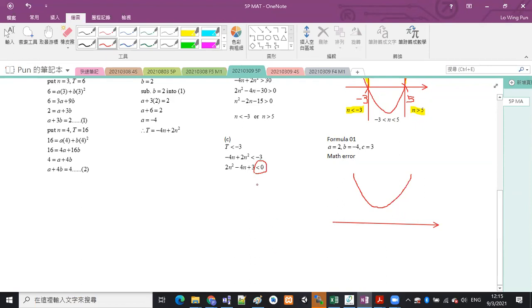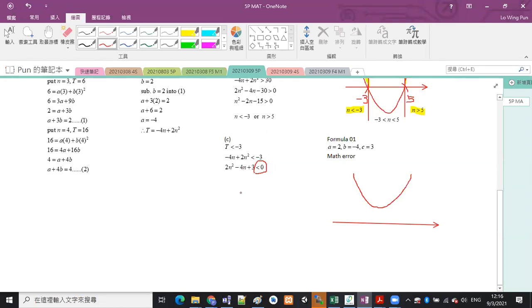So we can't find any solution of n that will make this expression less than 0, which means that the T cannot be less than -3. Okay, we cannot find any solution to make this happen. So that is impossible to happen.